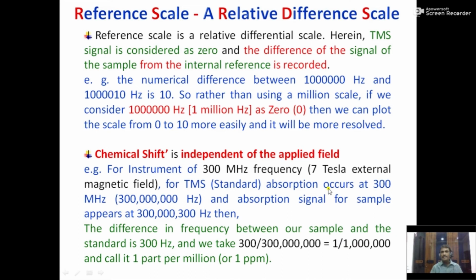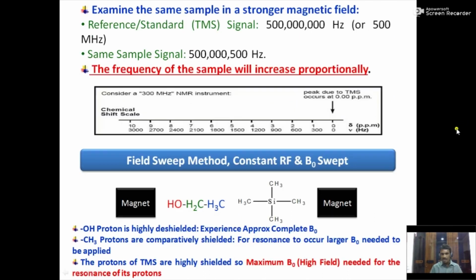If you are taking a 500 megahertz instrument, then the TMS signal is at 500 million hertz, or 500 megahertz.